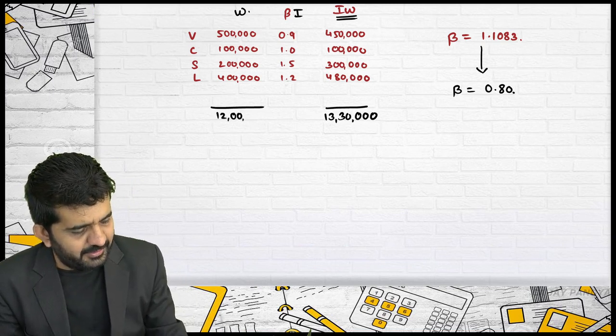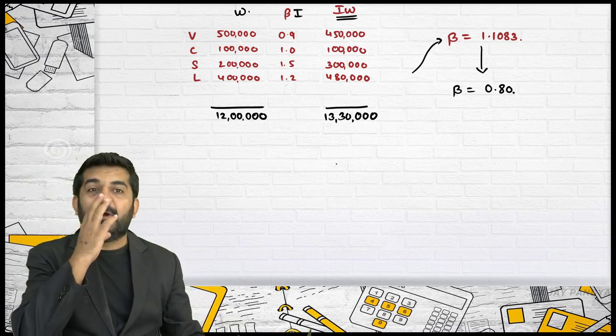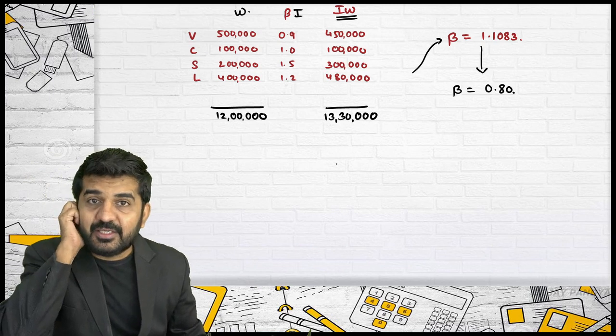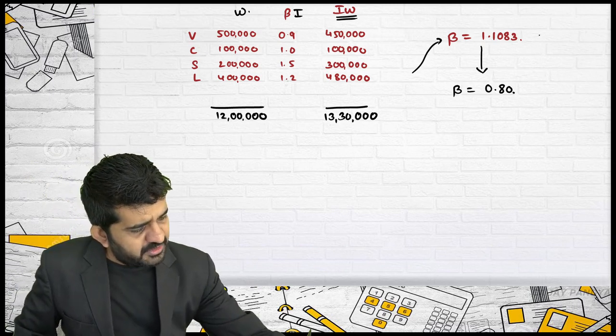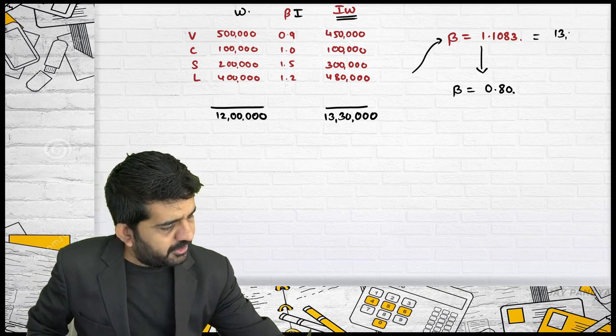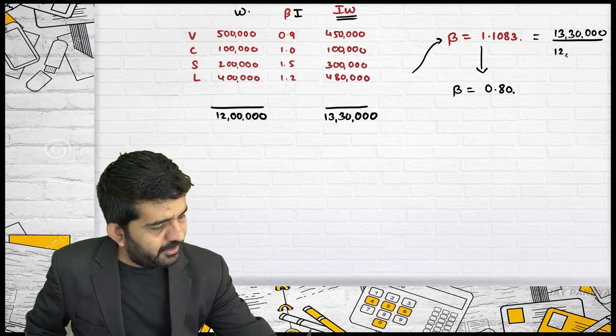This is 12 lakhs, right? And I have got the answer of beta 1.1083. How did I get this answer? 13,30,000 divided by 12 lakhs.